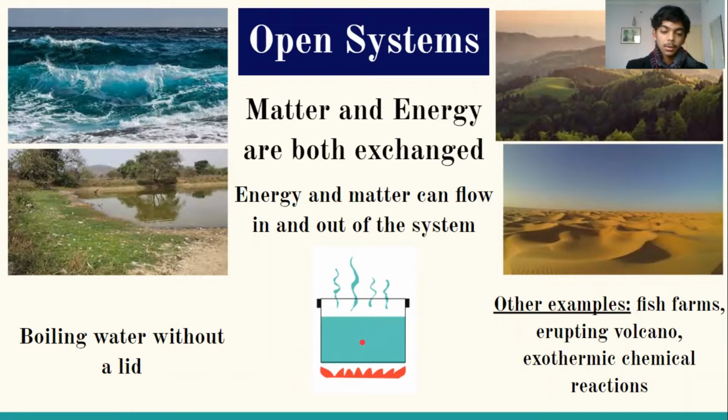So matter goes out of the system, and water was not always present inside the system. So there was an input of water inside the system before the energy input. So that is another input of matter. And another output of matter is when the flame keeps boiling the water, and when it reaches its evaporating point or boiling point, it starts to evaporate.